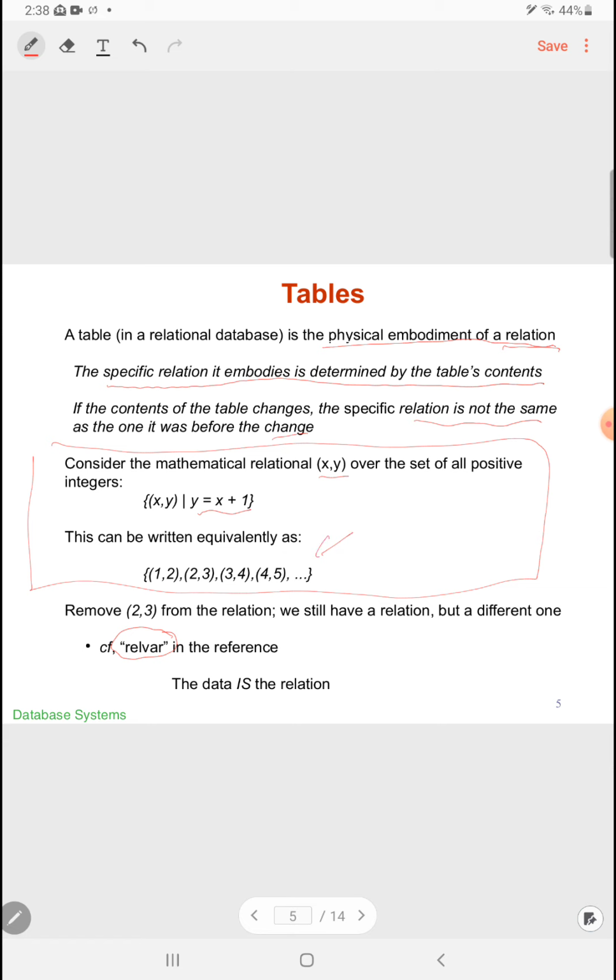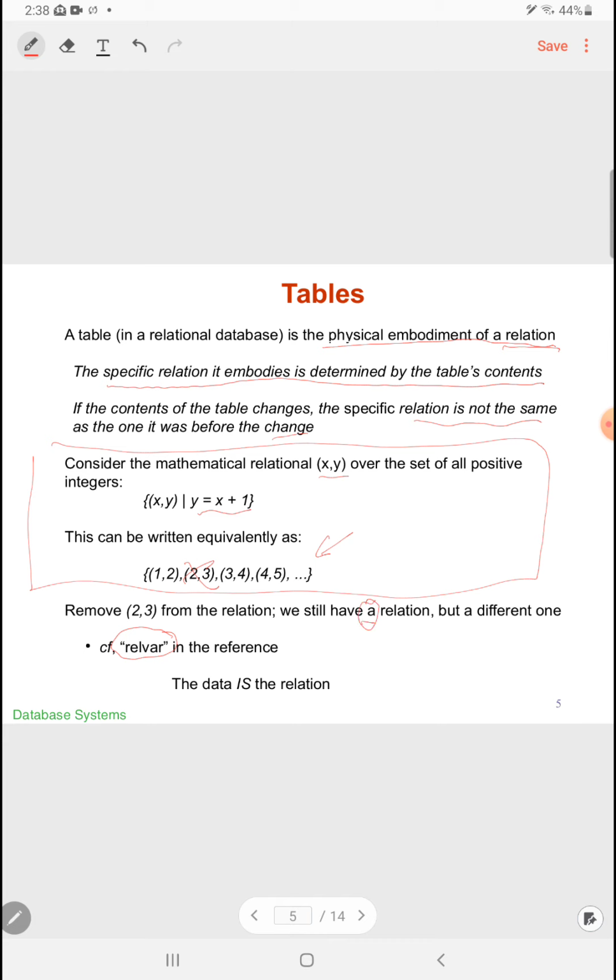We could actually write that as a set. I mean, don't sit down and write it because it'll take you an infinite amount of time because there's an infinite number of elements to this set. But the elements of the set are (1,2), (2,3), (3,4), (4,5), etc. Now, if you imagine removing this element from that set, you still have a relation.